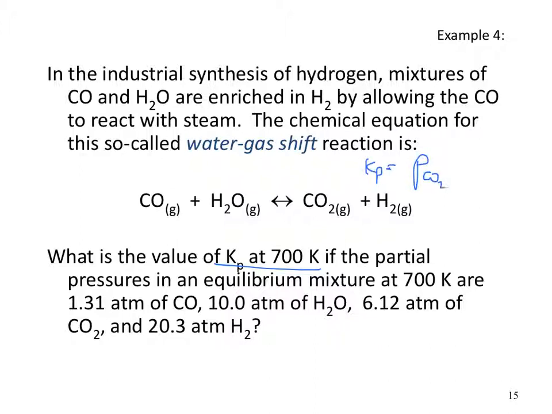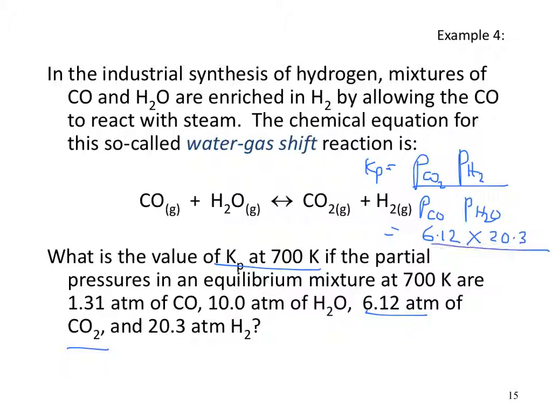So if I know the pressure of CO2, if I know the pressure of hydrogen, this is a balanced equation, divided by pressure of CO and pressure of H2O, I will have my answer. So partial pressure of CO2 is 6.12 times H2 is 20.3 divided by 1.31 for CO and 10.0 for H2O.